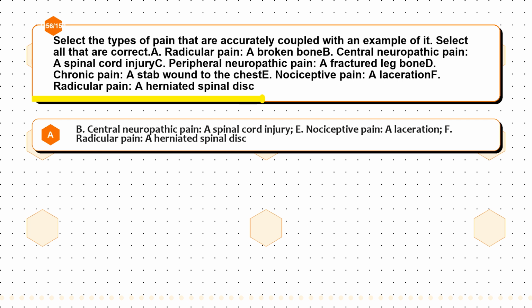E. Nociceptive pain, a laceration. F. Radicular pain, a herniated spinal disc. Here are the options. Option A. B. Central neuropathic pain, a spinal cord injury. E. Nociceptive pain, a laceration. F. Radicular pain, a herniated spinal disc.